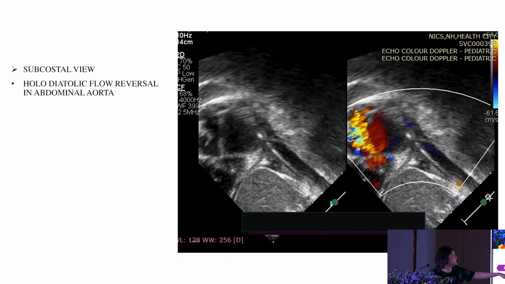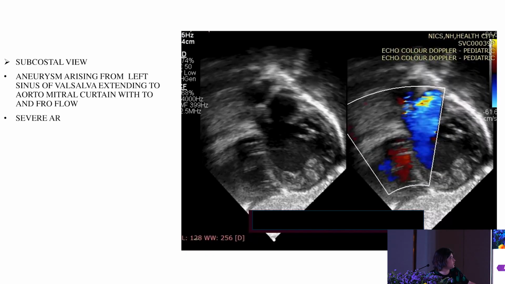Okay, so you can see that this is the LV giving rise to the aorta, and then this one, if you can see this one, that is an aneurysm actually. This is an aneurysm which is arising from the left coronary cusp, that is from the LVOT left coronary cusp, and extending into the aortomitral fibrous curtain.